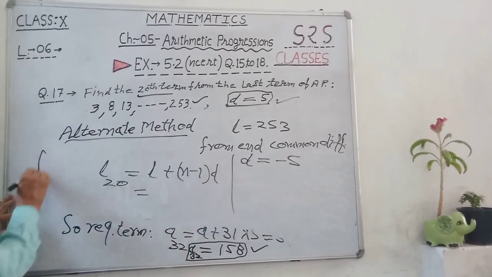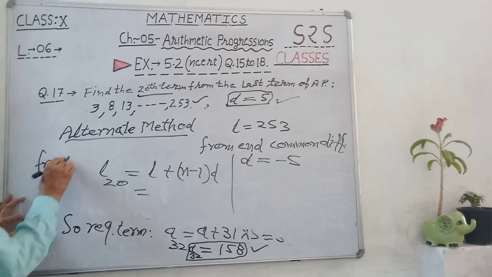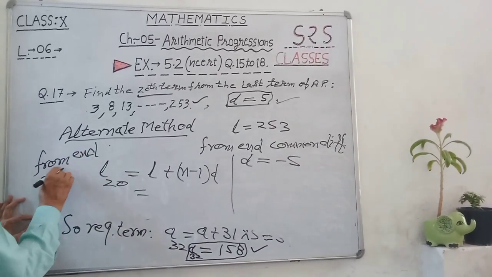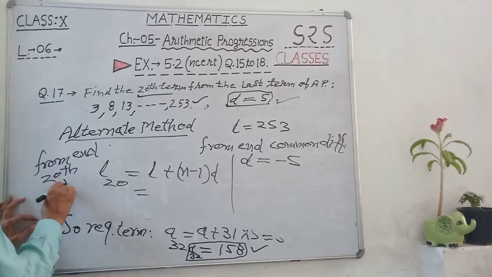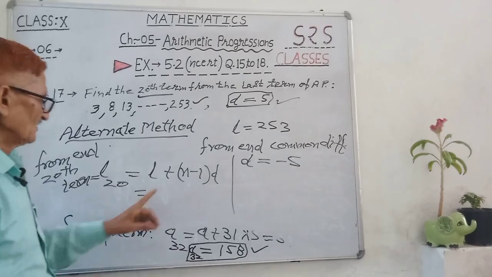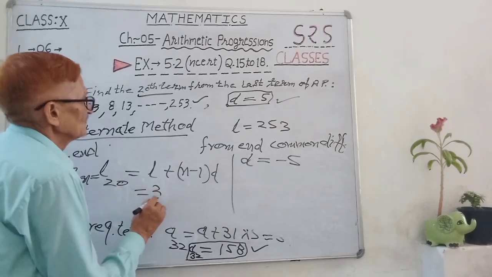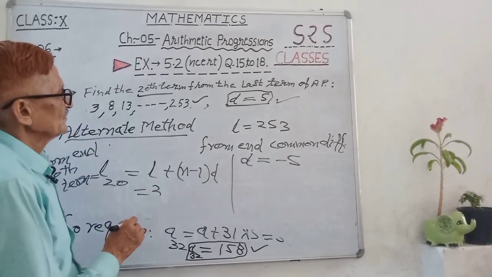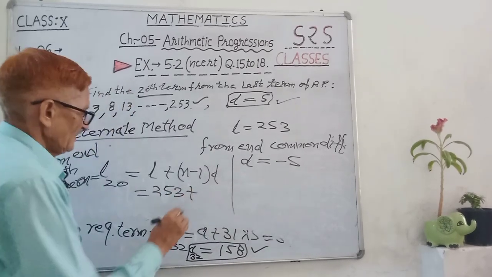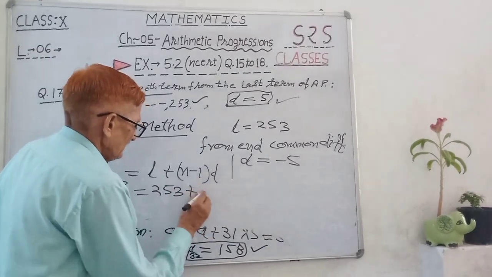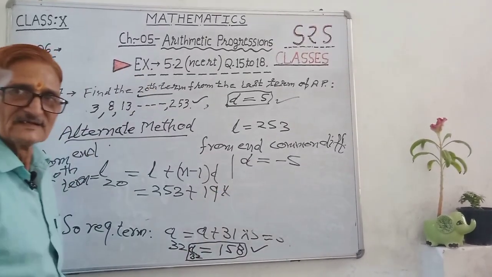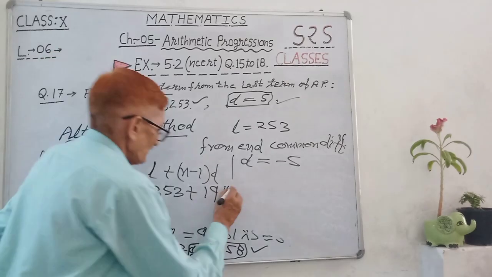Then the 20th term from the end equals L20. L is 253, plus, n is 20, 20 minus 1, 19 into D. D is here minus 5.